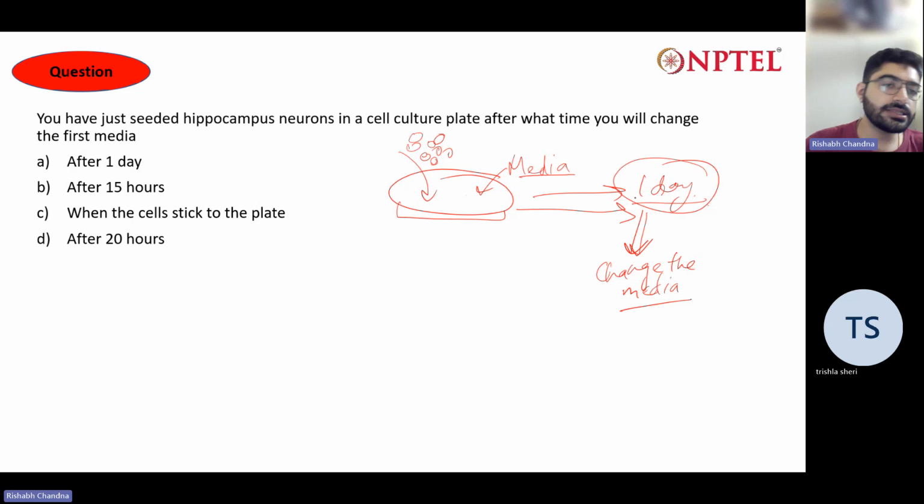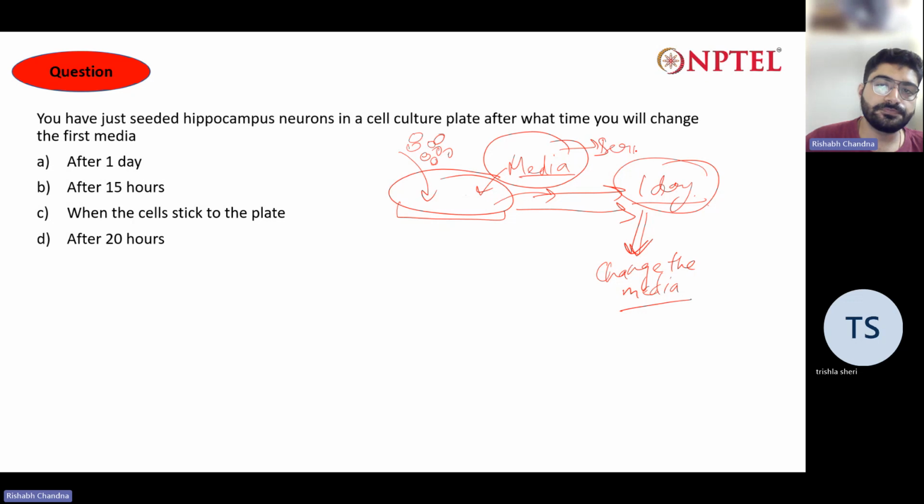There is another reason: when we are reviving cells, they take up more media, and the media that we use for reviving cells is different from the media that we use for normal maintenance or passaging of cells. This media would have a high amount of serum.